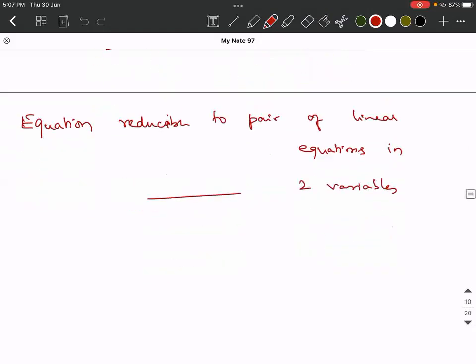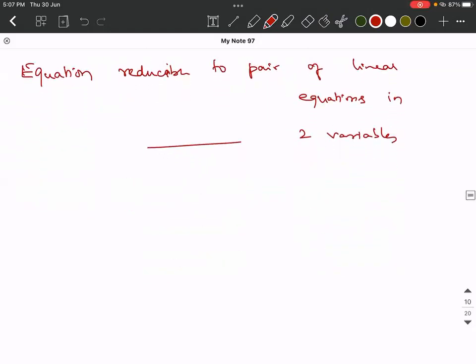So give me an example. 2 by x plus 3 by y is equal to 13. And the second one, 5 by x minus 4 by y is equal to minus 2. Is it right?